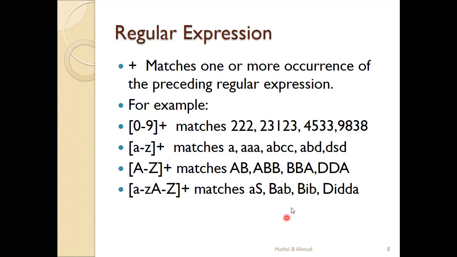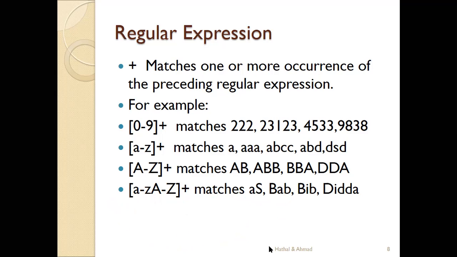Similarly, in order to match this input, first select a B, a character from the character class. Since we can select either small a to z or capital A to Z, we are able to select the B from this character class. Followed by that, the next input symbol in the string is A, so I select A from the character class.